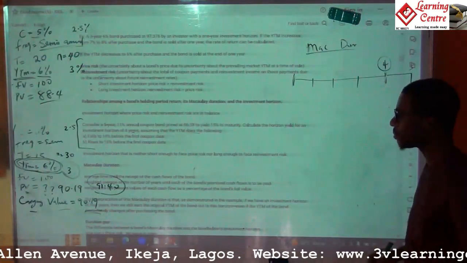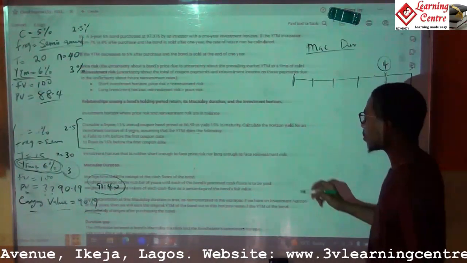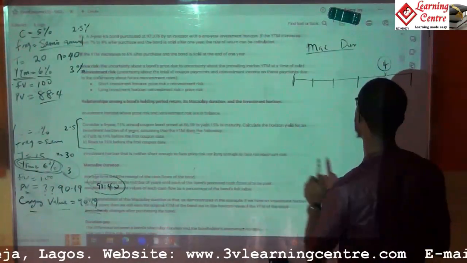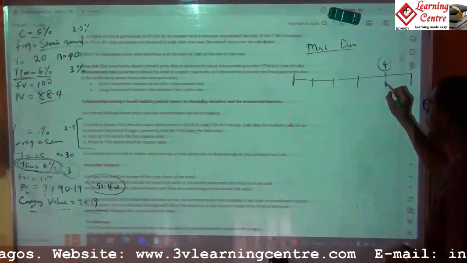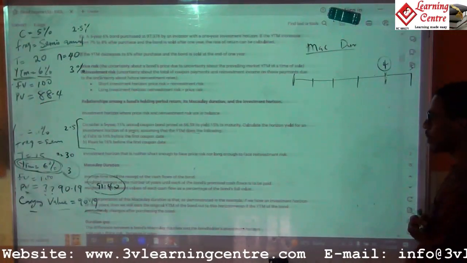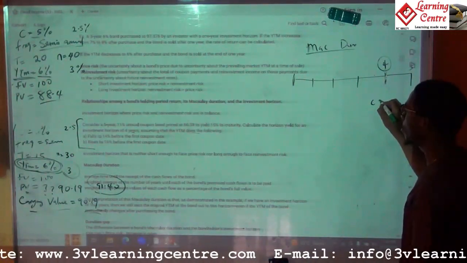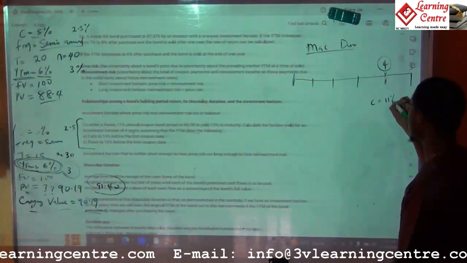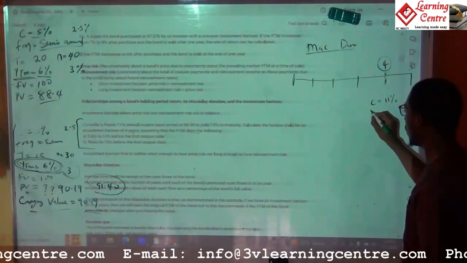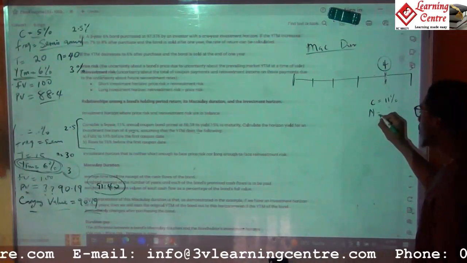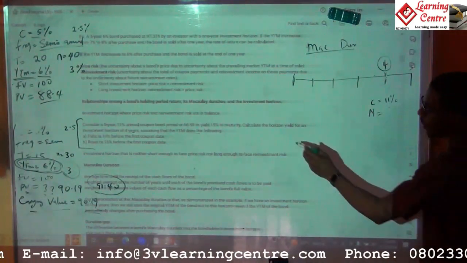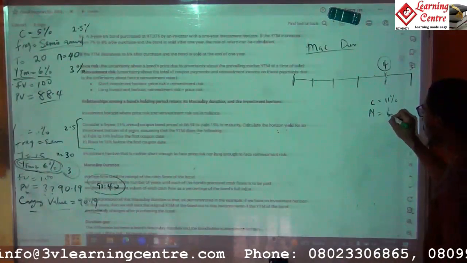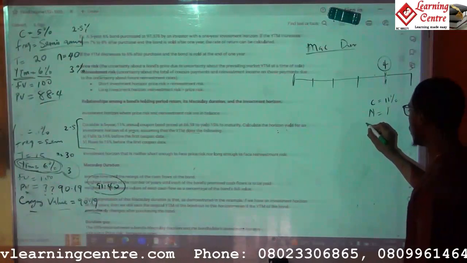When we compute the selling price at year 4, these will be the parameters. Coupon is the same, 11%. Tenor: at year 4, you are left with only 1 year.